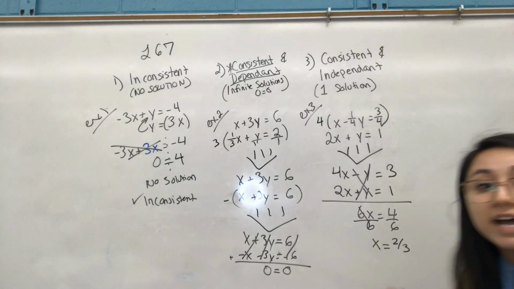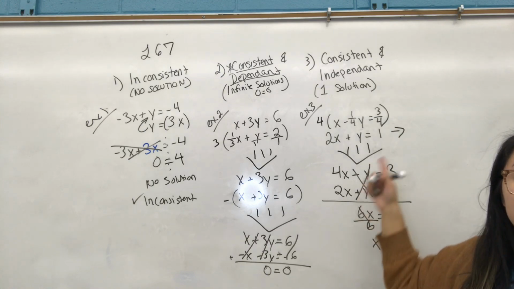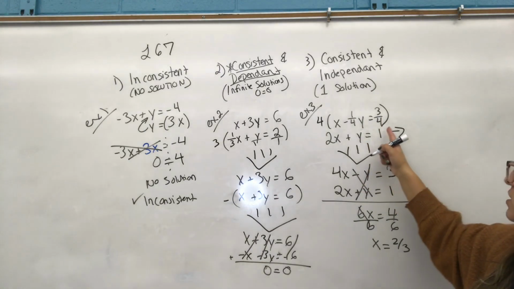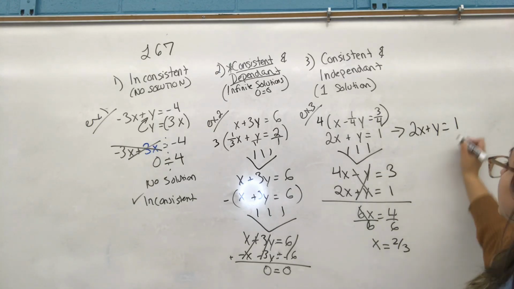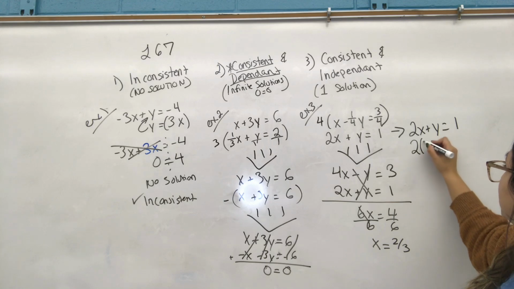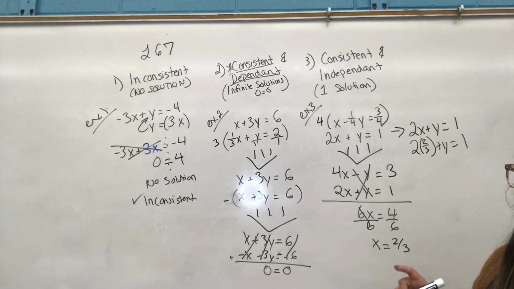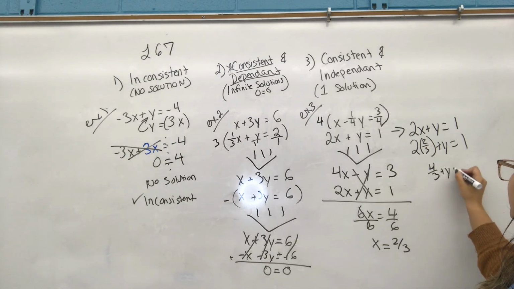Now we are solving for y. When we solve for y, we go ahead and use one of the equations. I'm going to use this one. We can use the original one, the original 2, but I'm just using this one. It makes it easier. 2x plus y equals 1. We know that x is equal to 2/3. So 2 times 2/3, you get 4/3 plus y equals 1.